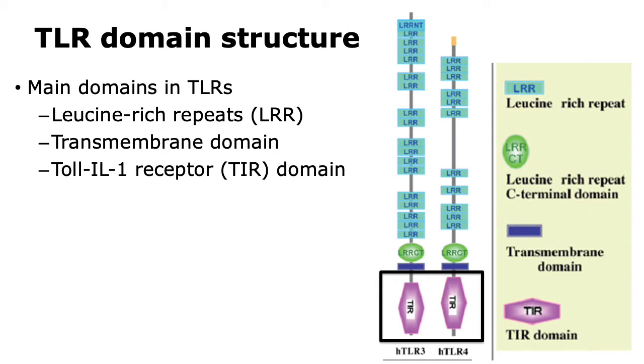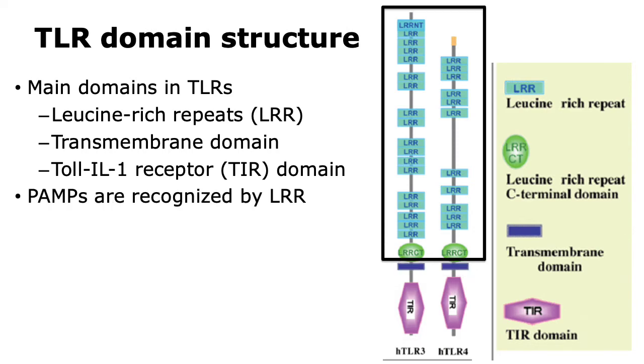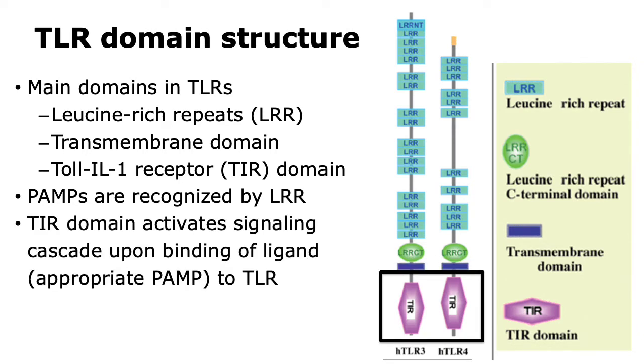On the cytoplasmic end, they have the toll IL-1 receptor domain, which is also called the TLR domain. Now, pathogen-associated molecular patterns, which function as the ligands for toll-like receptors, are recognized by the leucine-rich repeats. The TLR domain, on the other hand, activates signaling pathways when the toll-like receptor binds to its pathogen-associated molecular pattern.